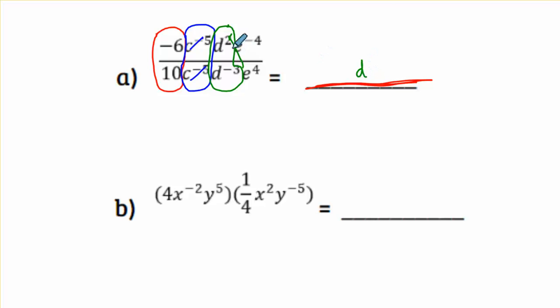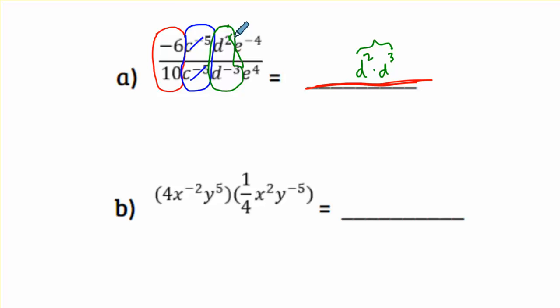We have that D to the second still hanging out. And now we have a D to the third. Remember, once we move it, he's happy. He loses his negative sign. And I want you to think about what happens when you have D to the second times D to the third. Remember what we do with those exponents.